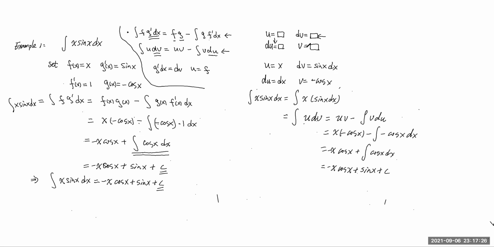So when you are doing your problem, if you want to use u dv, I hope you can write in this box form. That's just my suggestion. It may help you to write it clearly. Okay, so this is our first example.